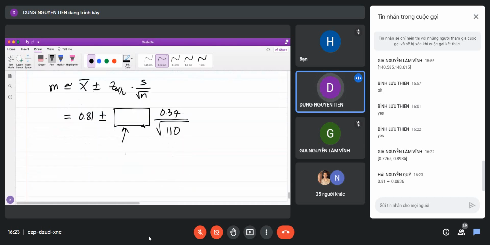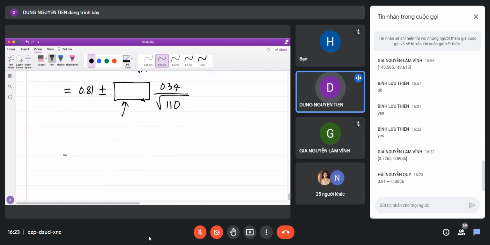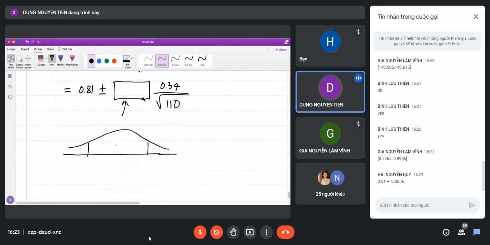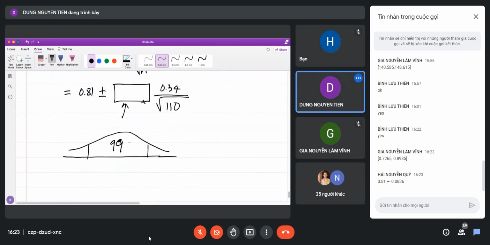So what is that number? In order to get it, the confidence level is 99%, so alpha over 2 is 0.005.